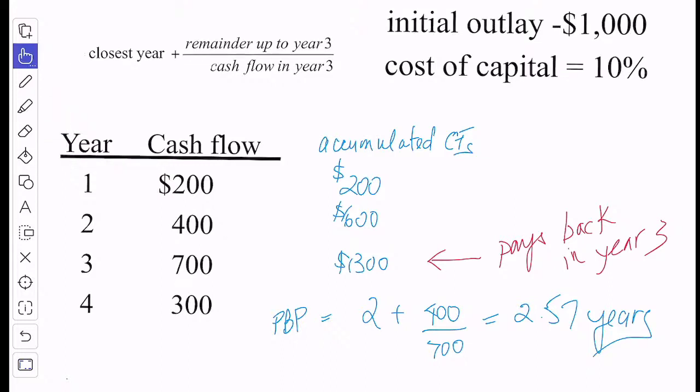There. Correction. That's why Diego was complaining. I'm doing this without the PV.